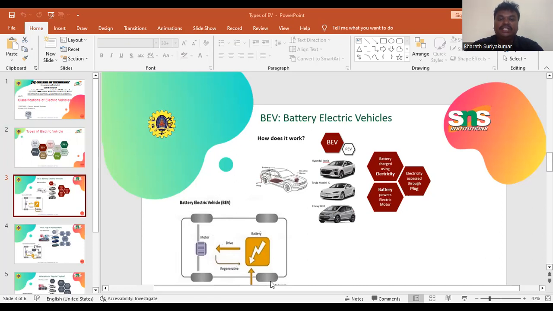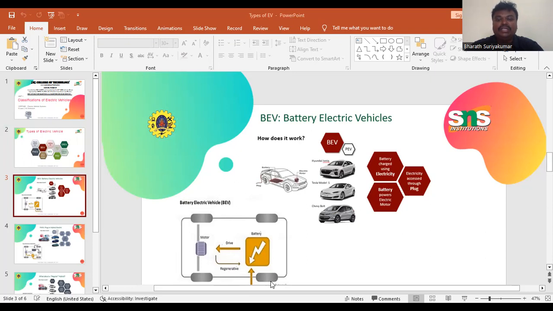There are several advantages of using a battery electric vehicle, like zero emissions, reduced operating cost, quieter operation, instant torque, convenience, energy security, etc. The various disadvantages of BEVs include limited range, charging infrastructure, long charging times, etc. Overall, battery electric vehicles are a promising transportation option for those who prioritize sustainability, low operating cost, and a smooth driving experience.